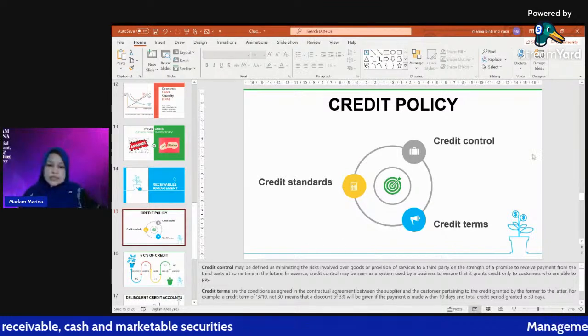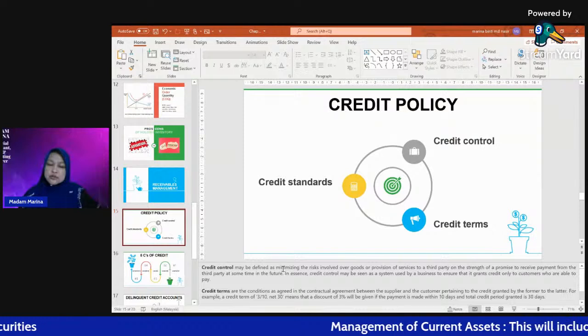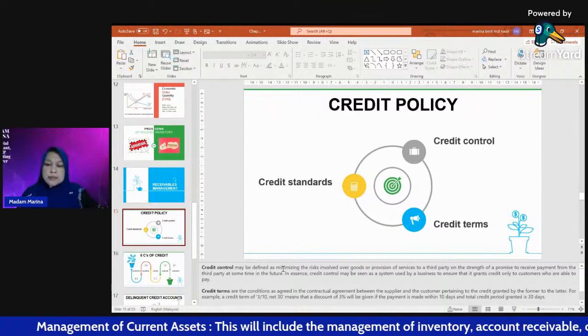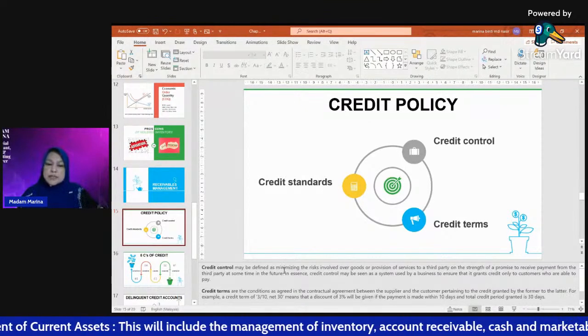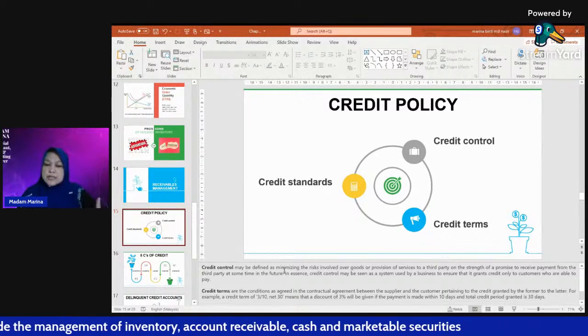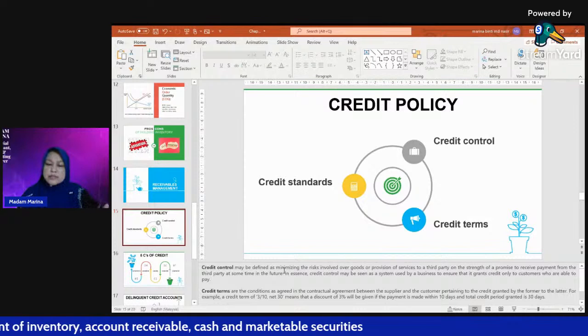What is credit control? It may be defined as minimizing the risk involved in providing goods or services to a third party on the strength of a promise to receive payment from the third party at some time in the future. In a sense, credit control may be seen as a system used by a business to ensure that it grants credit only to customers who are able to pay.